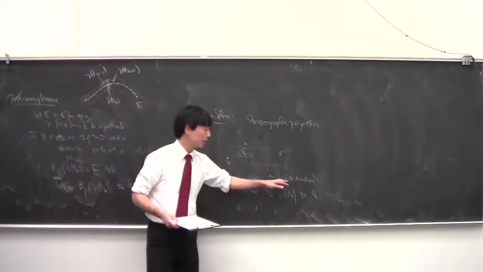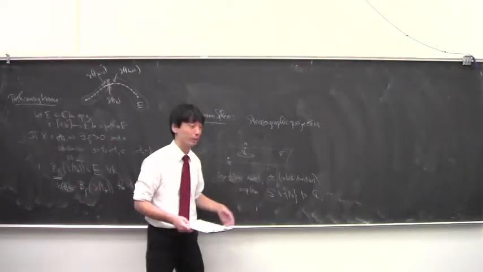Those of you who have seen topology before, this continuous in both directions is called a homeomorphism.